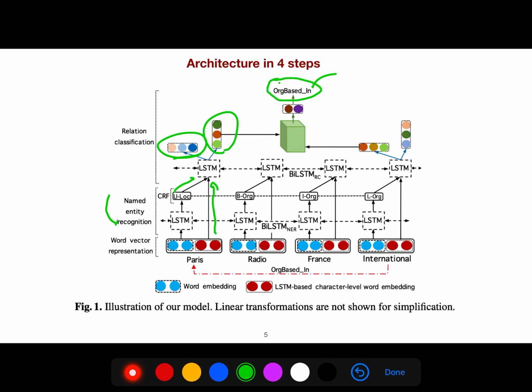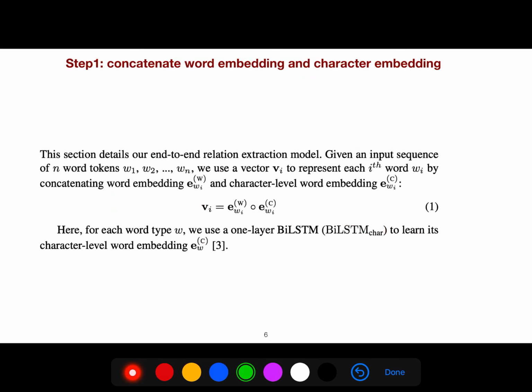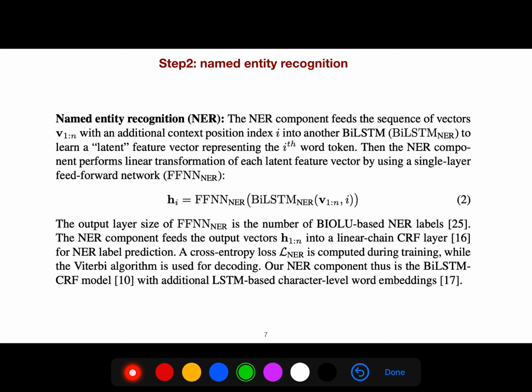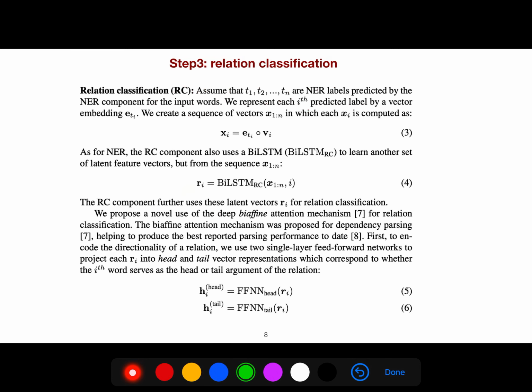For example, the relation is origin based in. So step one is we concatenate word embeddings and character embeddings to get a representation. And then we feed it to a feed-forward neural network, the input being the biaffine of that representation. So this is a good hidden latent feature that we use.